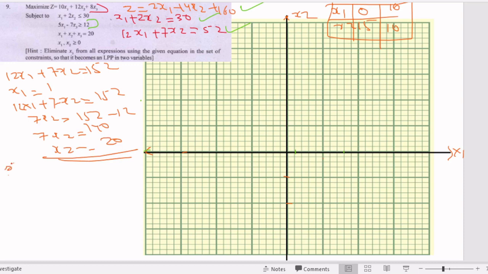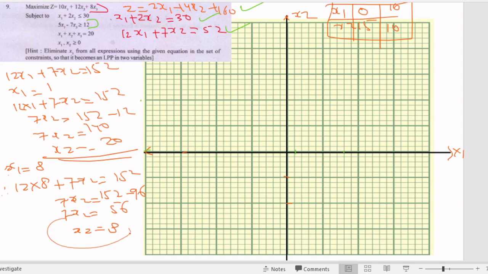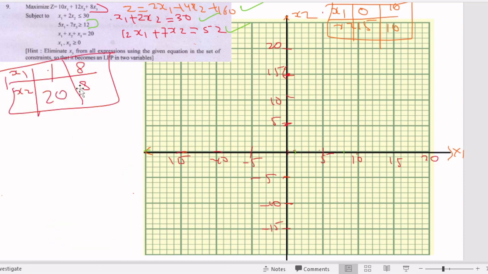Similarly, if I substitute x1 equal to 8, therefore 12 into 8 plus 7x2 is equal to 152. 7x2 is equal to 152 minus 96, which is 56. Okay, 7x2 equal to 56, x2 is equal to 8. Now we have two different points for the second equation also. For the second line, I have written it in tabular format. When x1 is 1, x2 is 20. When x1 is 8, x2 is 8.